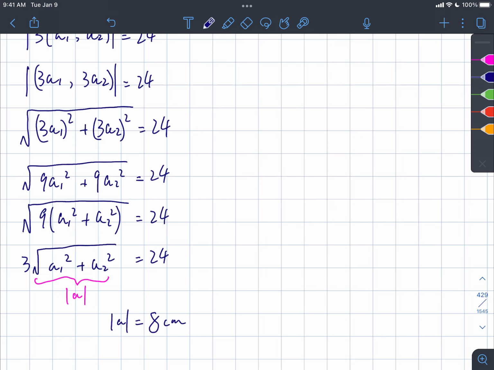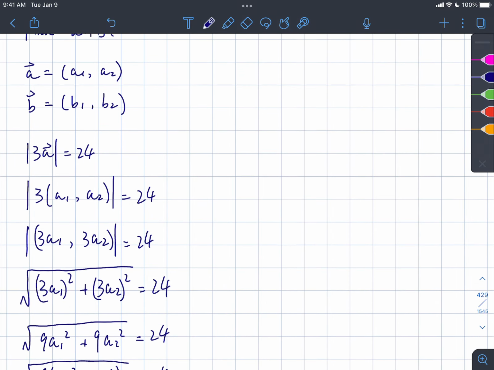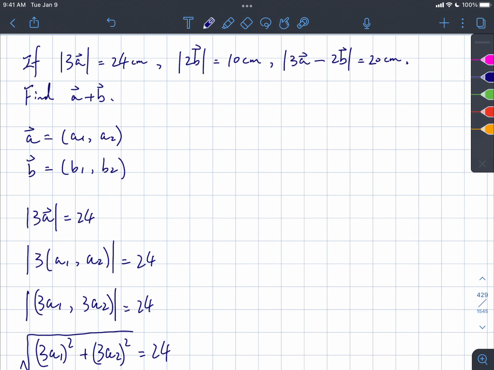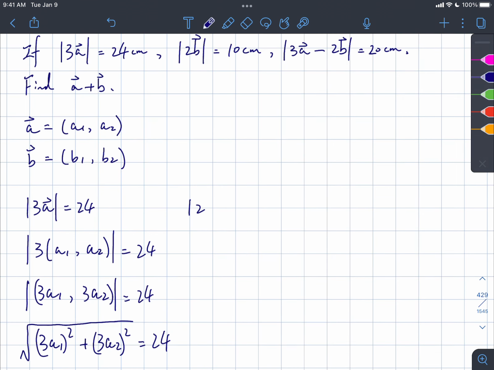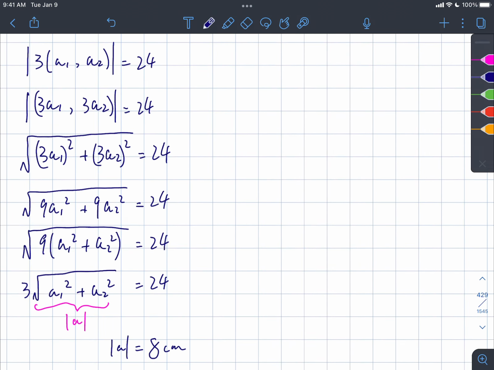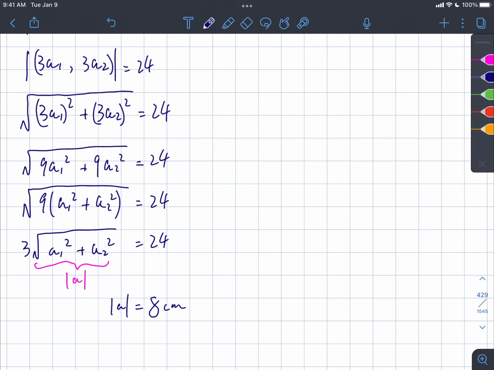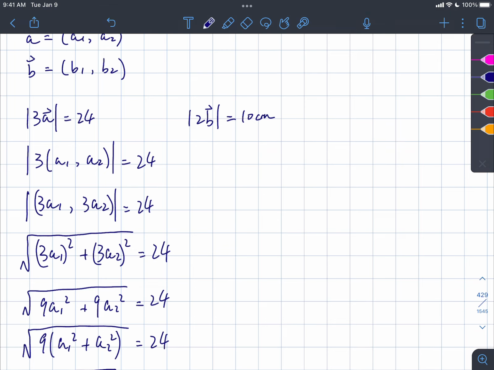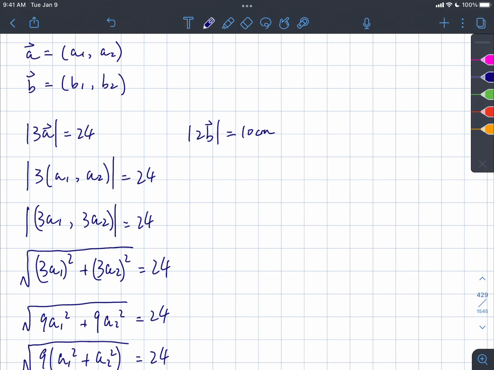There we go. Now let's look at the second piece of information, the magnitude of 2b. We do a similar thing, but we found that when you have something written like this, you can just take out the value in front. So the magnitude of 3a is just 3 times the magnitude of a.